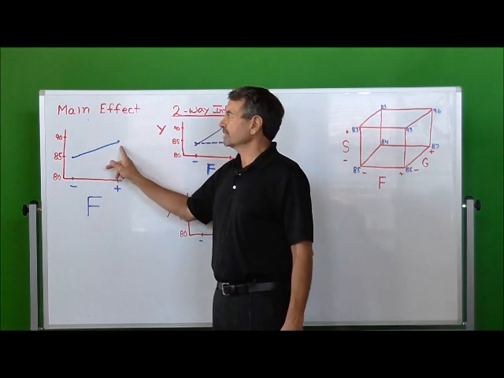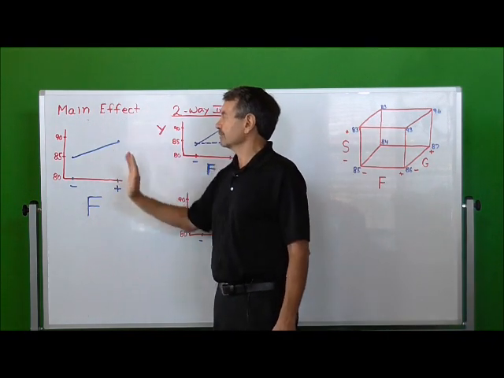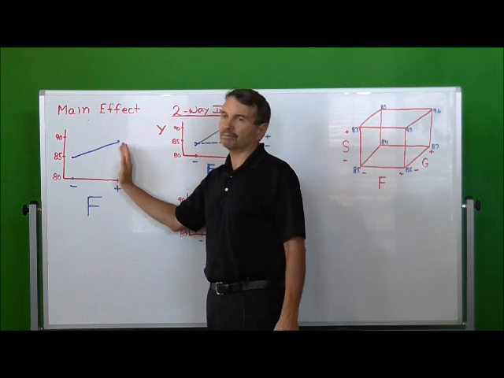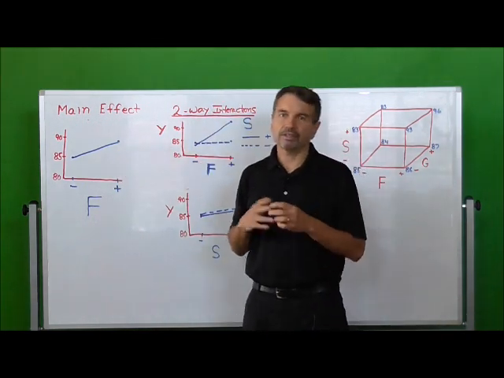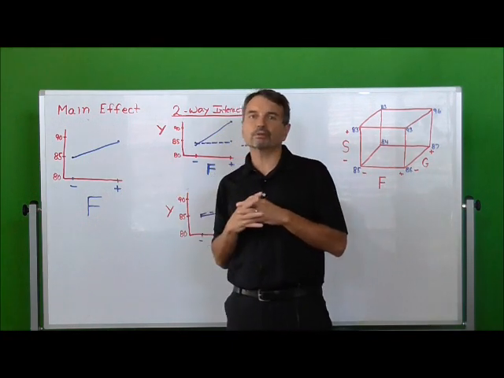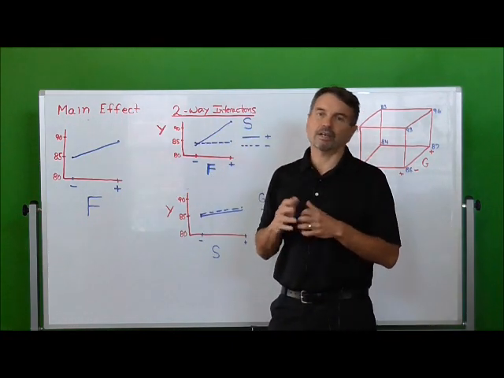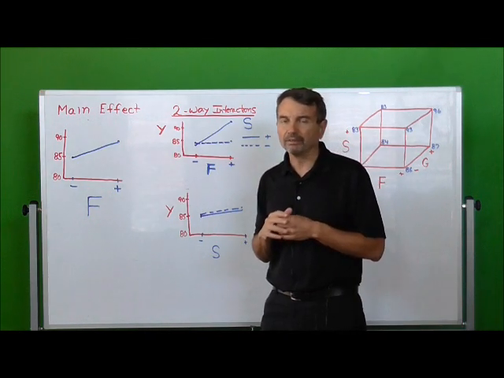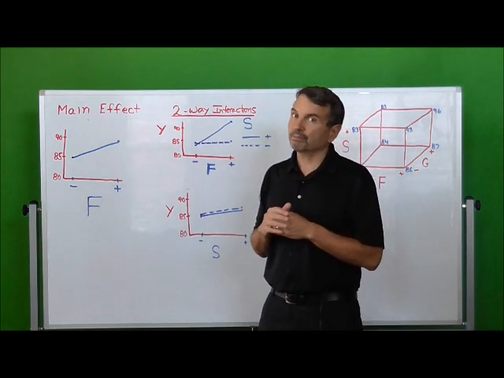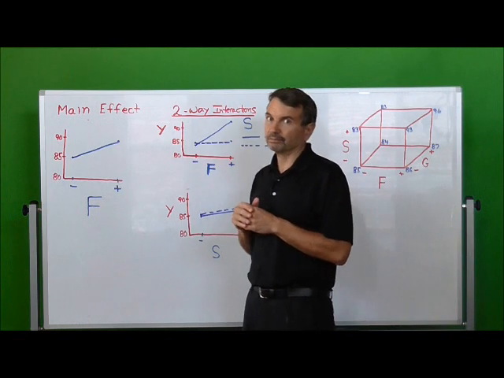I might interpret that all I have to do is move the force up to the positive level, and that will give me a main effect of right around 90. A nice increase from where we were, probably around 85, up to 90%. That's good, but it's probably not the best you can get.